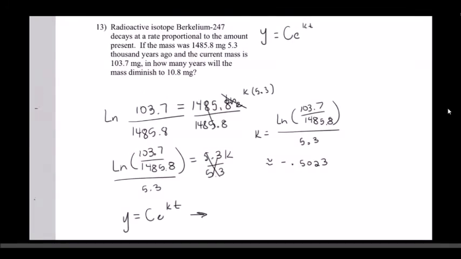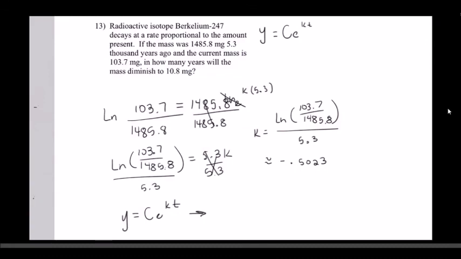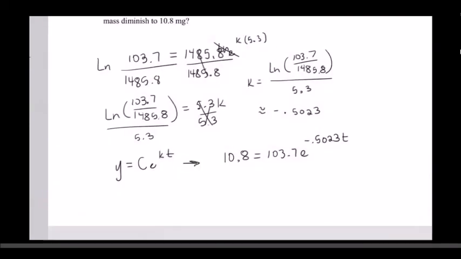Okay, and it's asking in how many years will the mass diminish to 10.8? So 10.8 is going to be the future amount if we start with 103.7 and use our new relative growth rate of negative 0.5023, and we're solving for how long it's going to take, so we're solving for time.